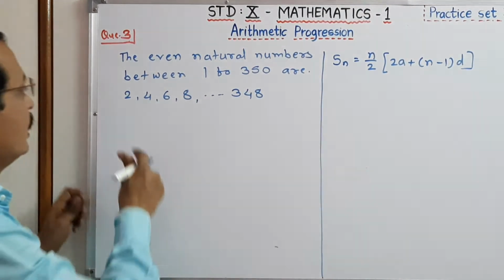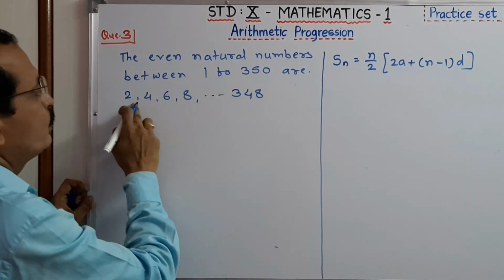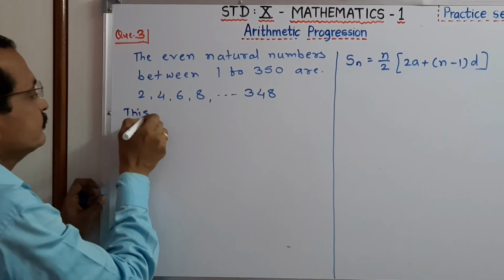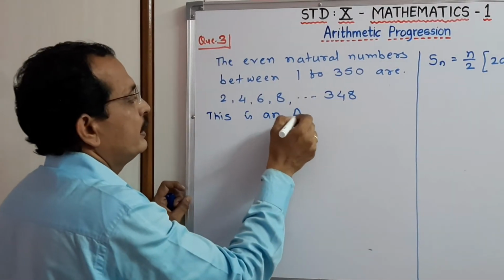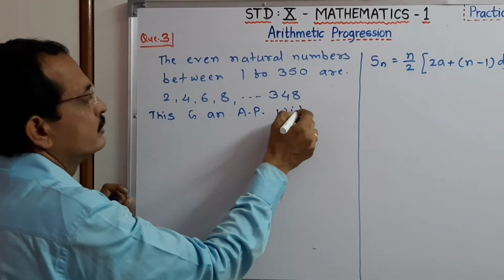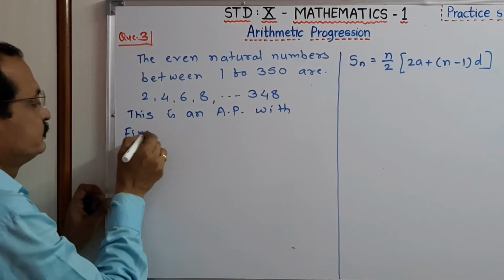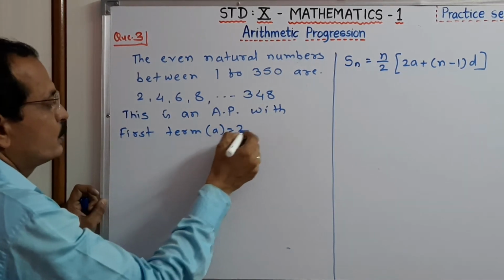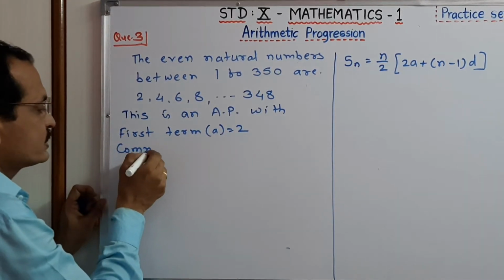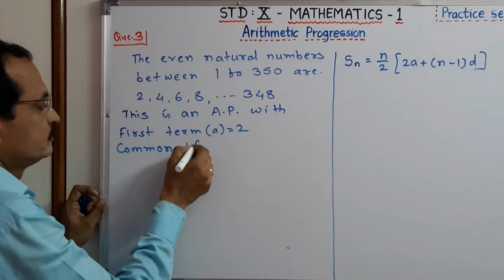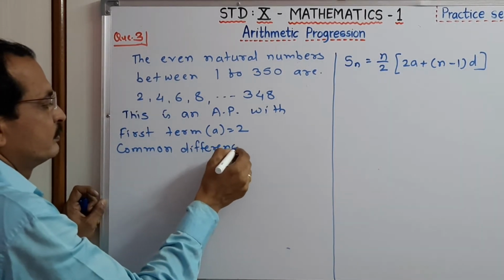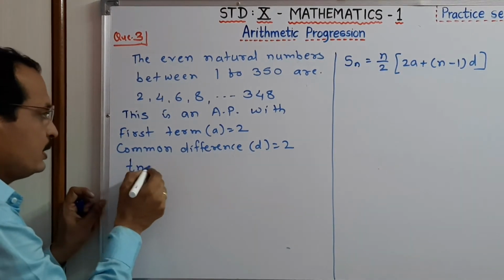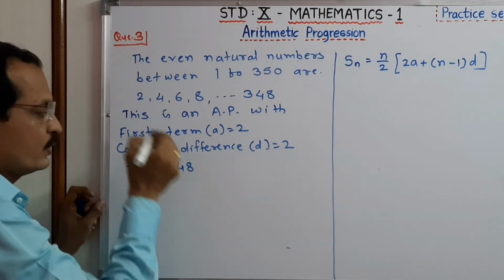Therefore, first of all, 2, 4, 6, 8, up to 348 is an AP with first term A equal to 2, common difference D equal to 2, and Tn equal to 348.